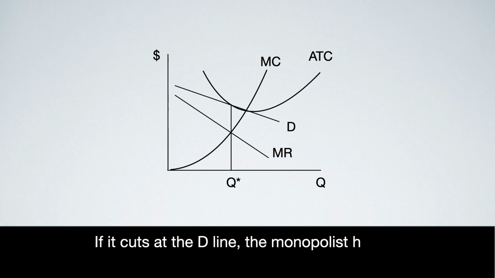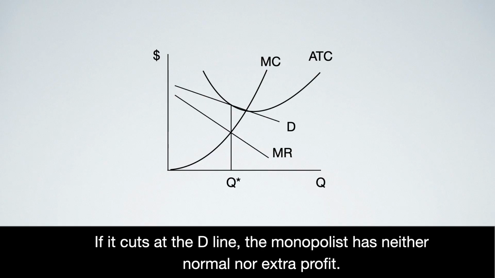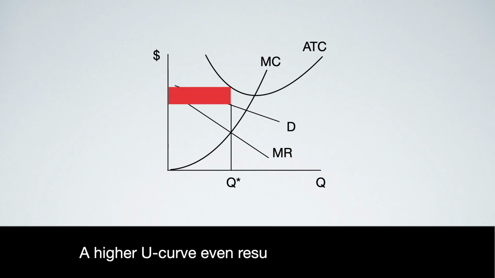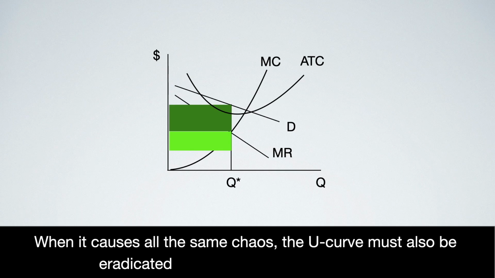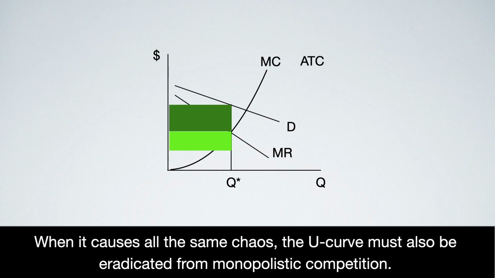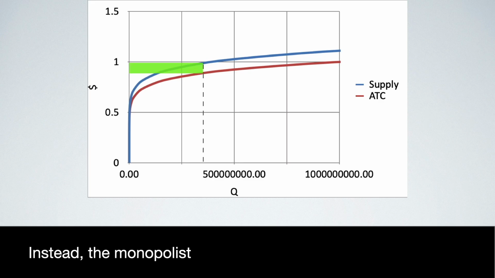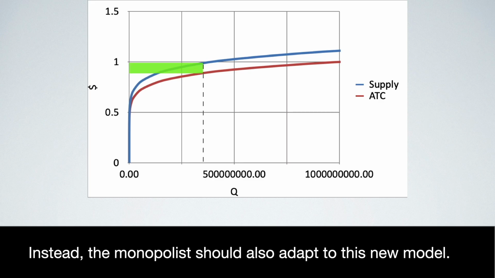If it cuts at the D line, the monopolist has neither normal nor extra profit. A higher U-curve even results in Chamberlin loss. When it causes all the same chaos, the U-curve must also be eradicated from monopolistic competition. Instead, the monopolist should also adapt to this new model.